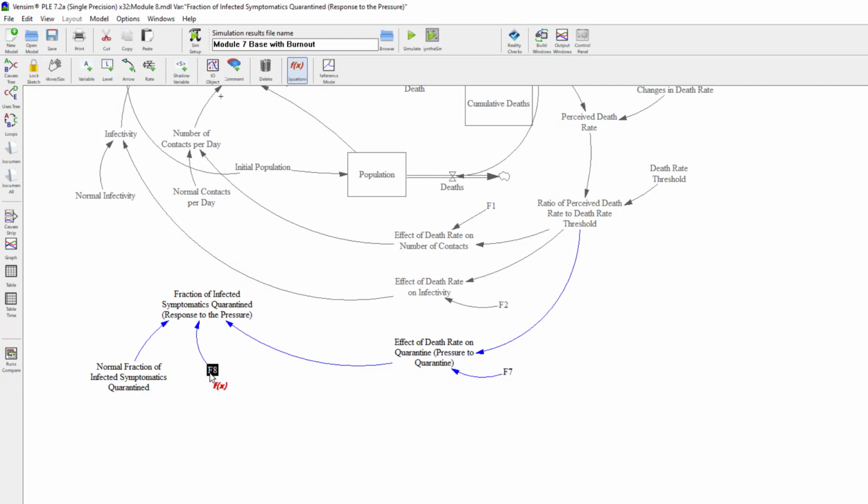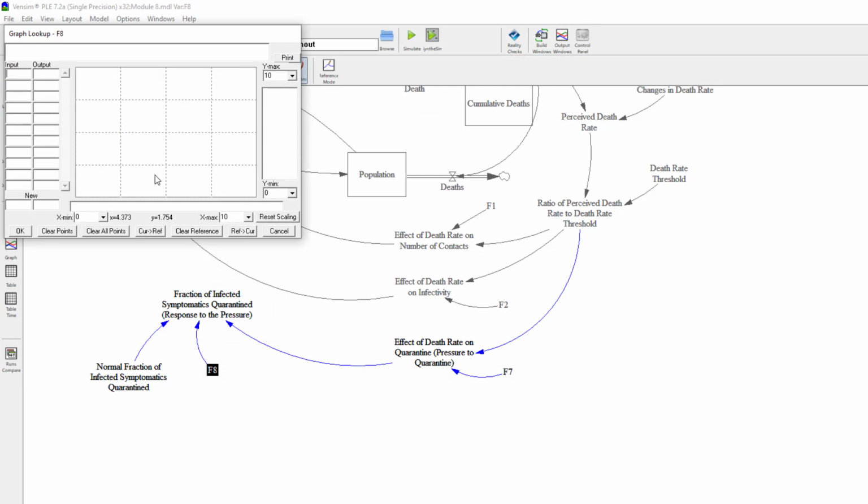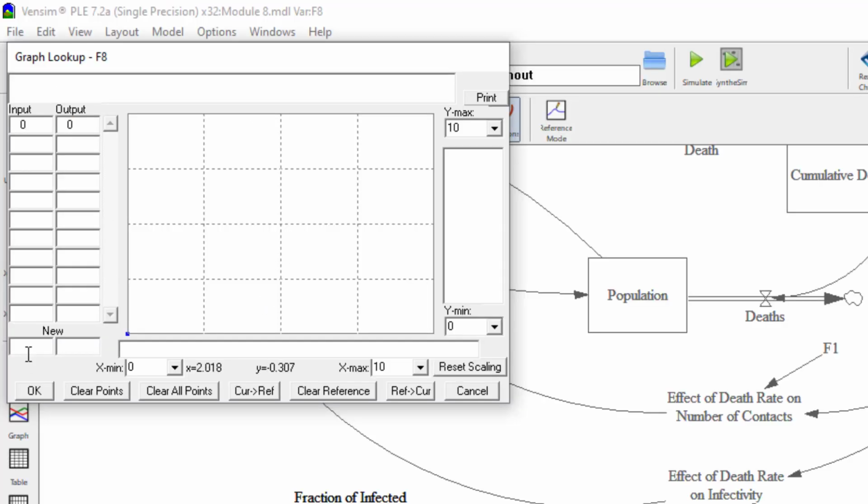All right, so F8 is going to be a lookup, and then the graph, the coordinates are going to be like this. Okay, it's really hard to see all these coordinates.